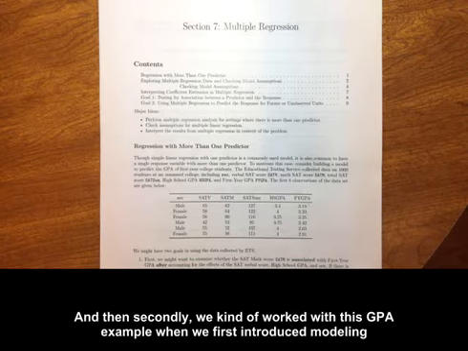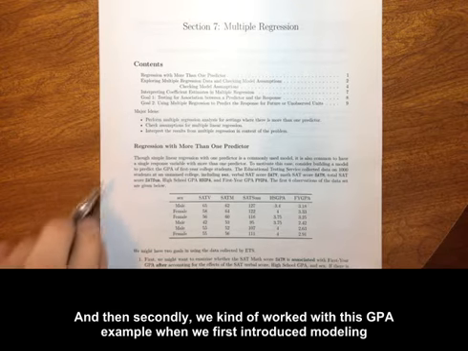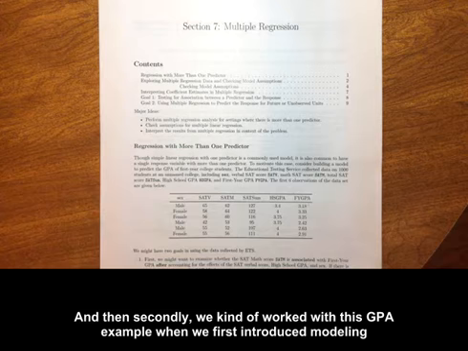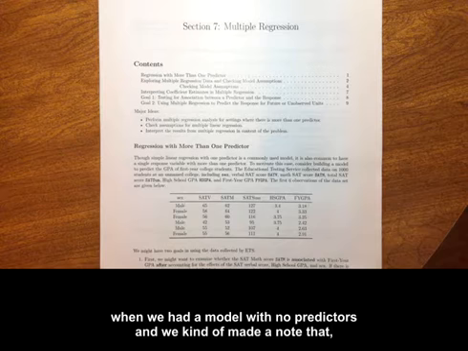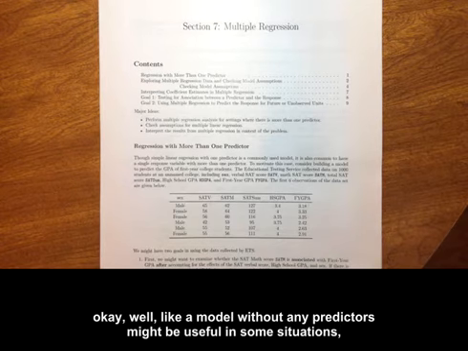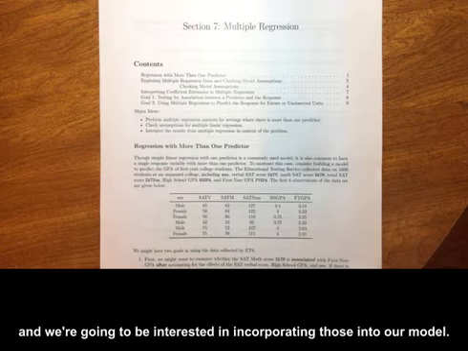And then secondly, we worked with this GPA example when we first introduced modeling, when we had a model with no predictors, and we made a note that a model without any predictors might be useful in some situations, but in a lot of situations, we're going to have useful predictors and we're going to be interested in incorporating those into our model.